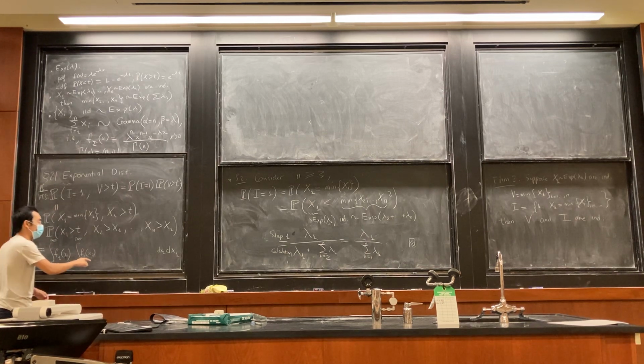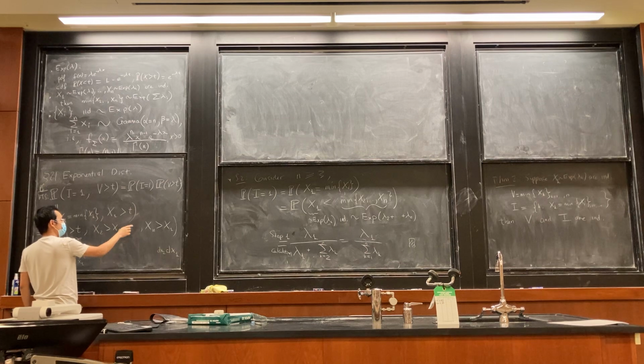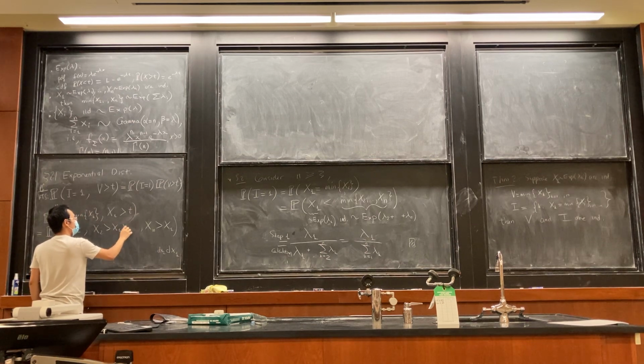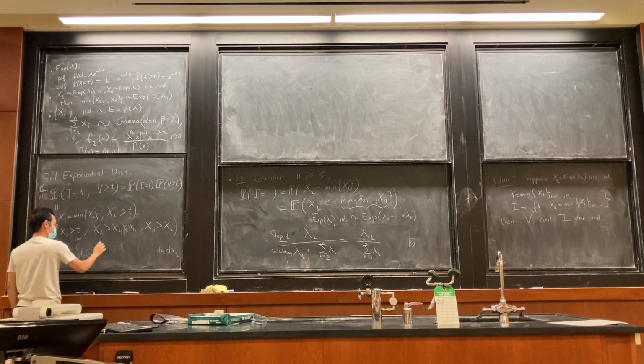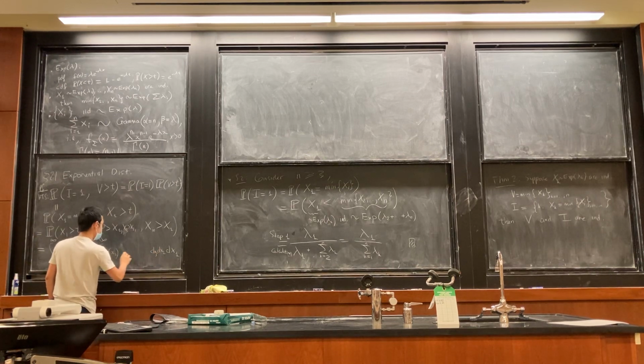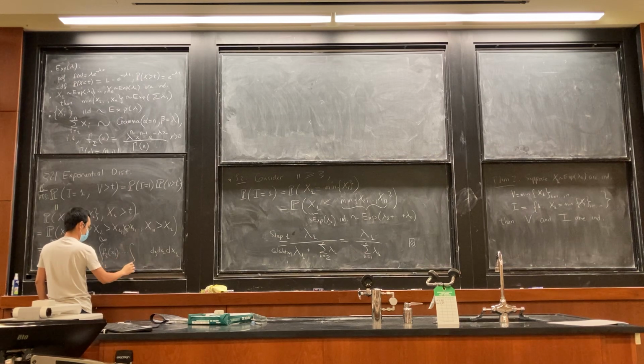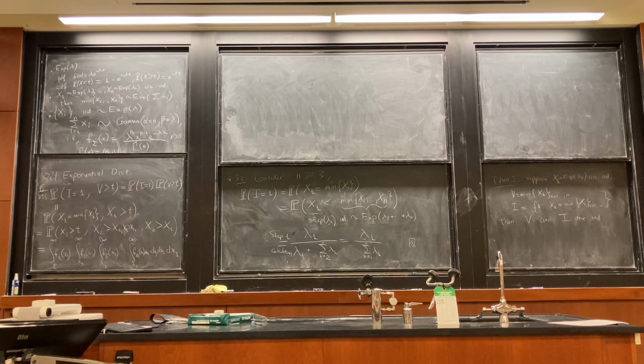Similarly, keep going forward. So x3 is the same: this is x3 greater than x1, so I would have x1 to infinity, f3 of x3, dx3. So you keep going, x1 to infinity, fn. It shouldn't be too bad here, even though you have n integrals.